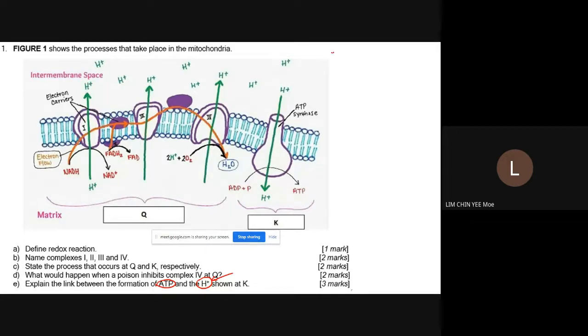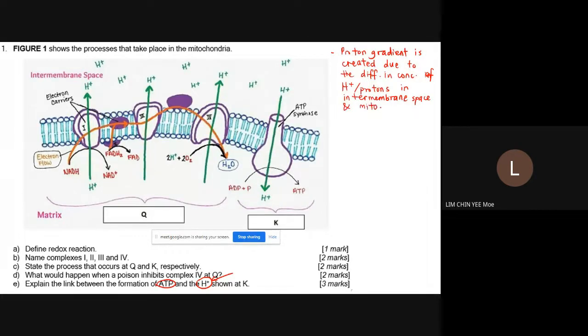So proton gradient is created due to the difference in concentration of H+ or protons in intermembrane space and mitochondrial matrix.